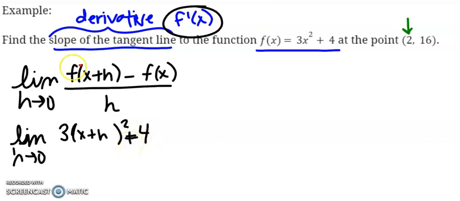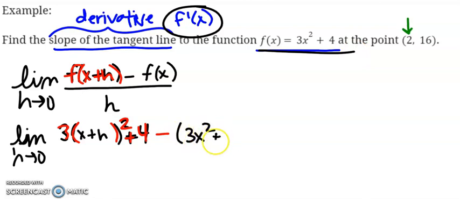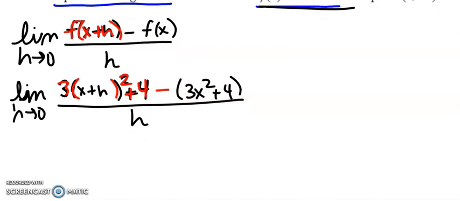Okay, so f of x plus h is 3(x plus h) squared plus 4, minus my f of x in its original form, which was 3x squared plus 4, all over h. And I'm going to do this limit because that's what we've been practicing. Well, limit starts with direct substitution. If I plug in 0 for h, I end up with 0 over 0. So I'm going to keep going.